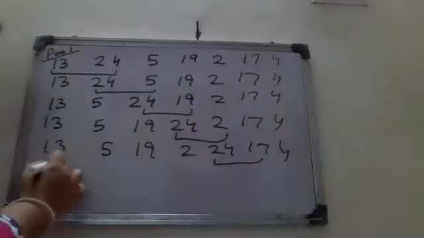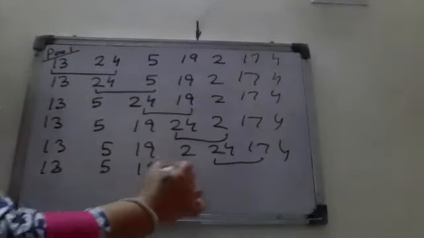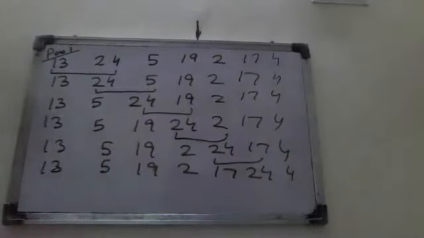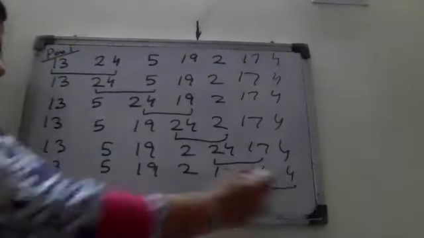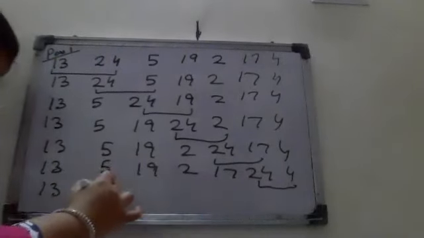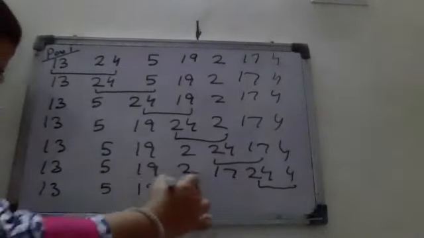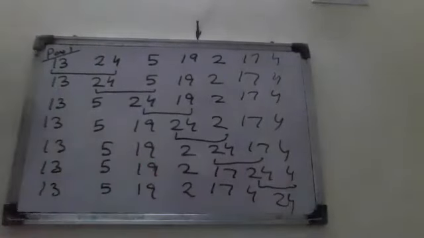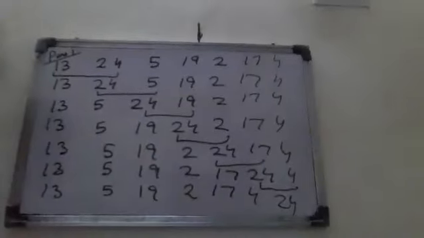After that, 13, 5, 19, 2, 17, 24, 4. Now the last two: 13, 5, 19, 2, 17, 4, 24. So this is the answer of pass 1.